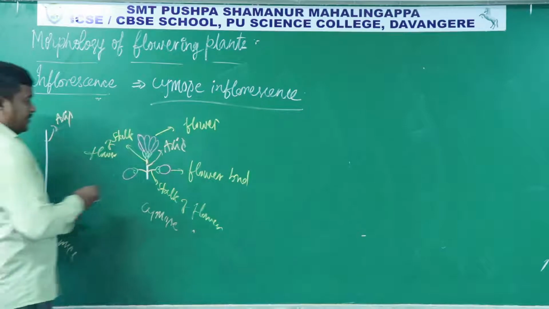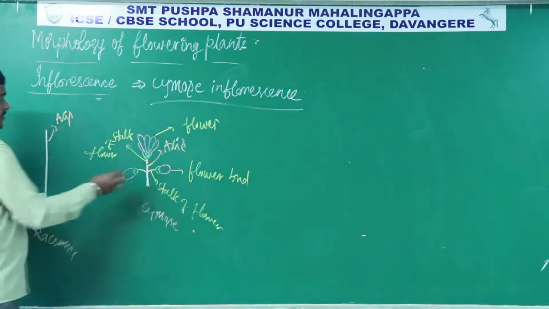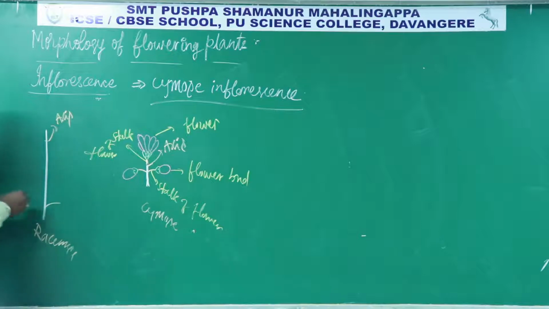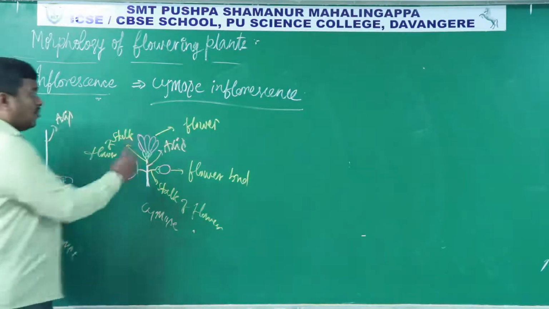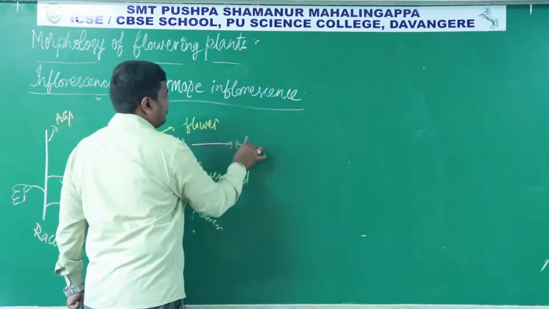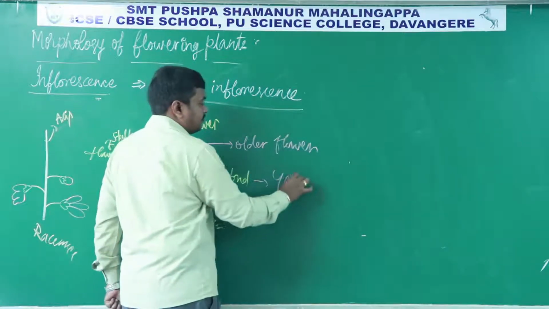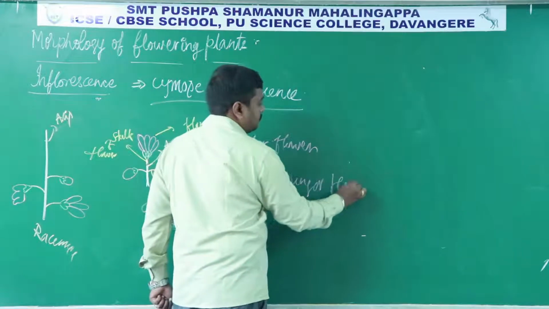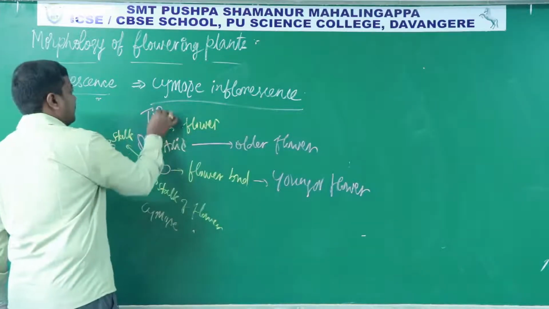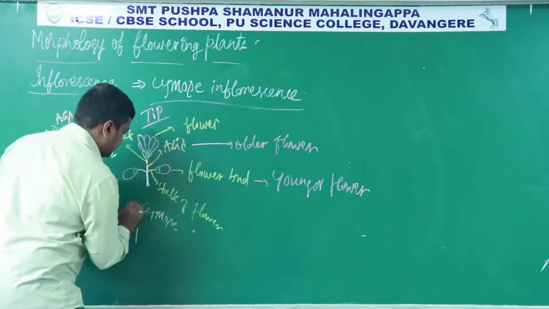Observe the arrangement of flowers here, whereas in racemose you observe older flower at the base, younger flower at the tip, but here, this is the older flower and this is the younger flower, and here is the tip, here is the base.